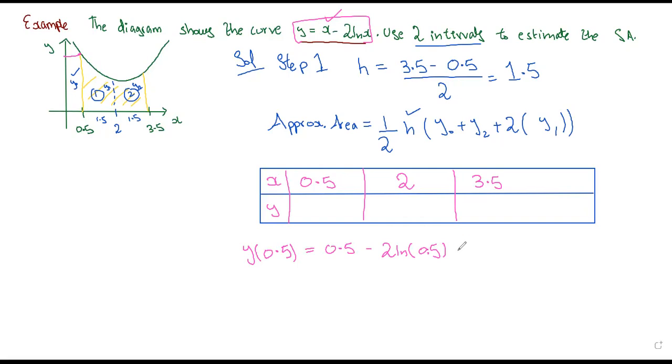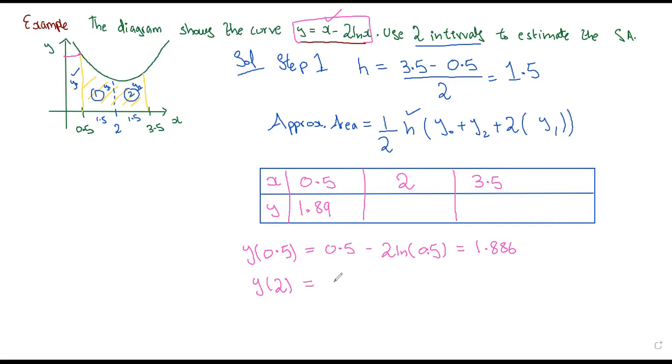So we will do it through calculator and we will get 1.89. Yes, this is what I'm getting. Let's write it down to 2 decimal places.